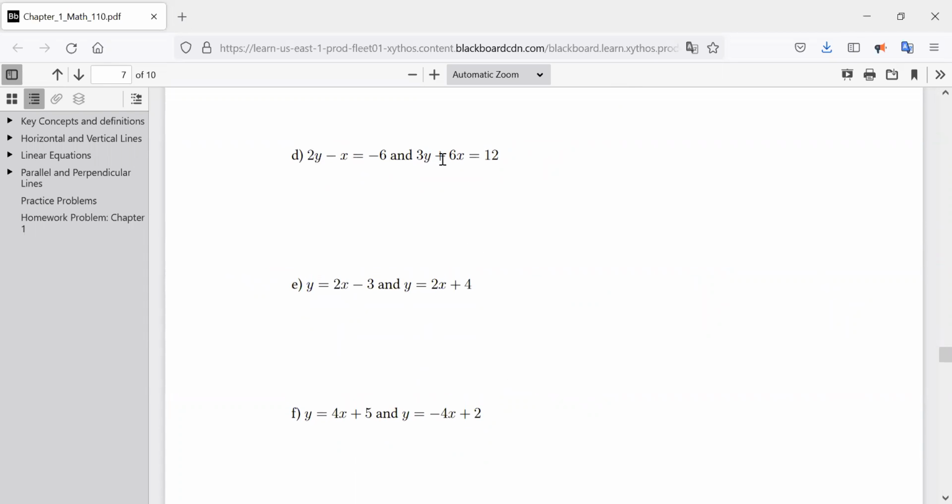You guys take some time to do the next two of these.